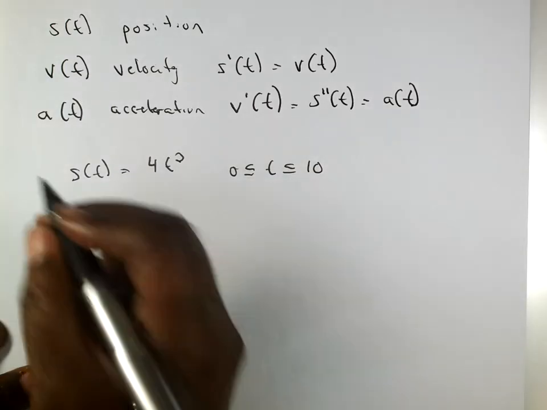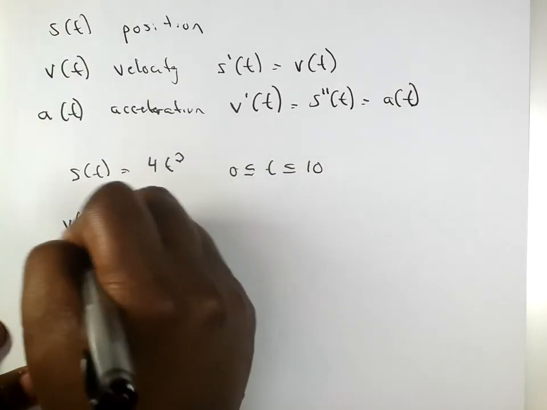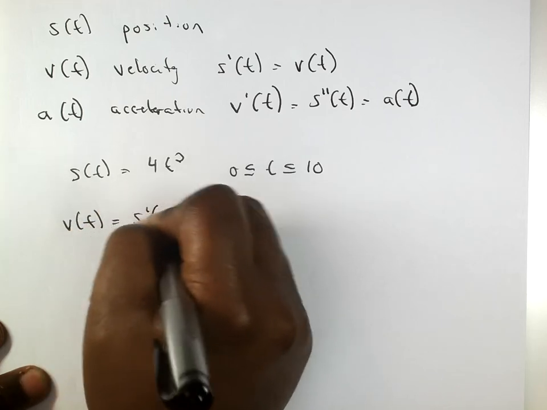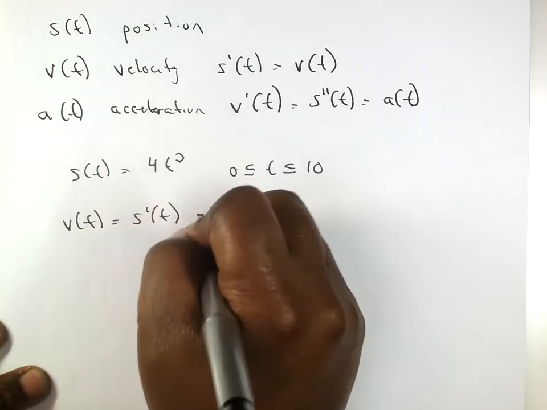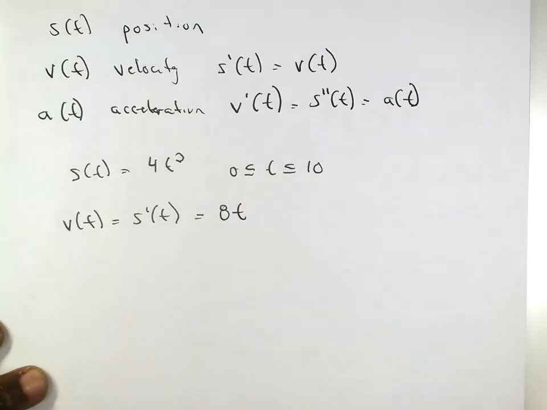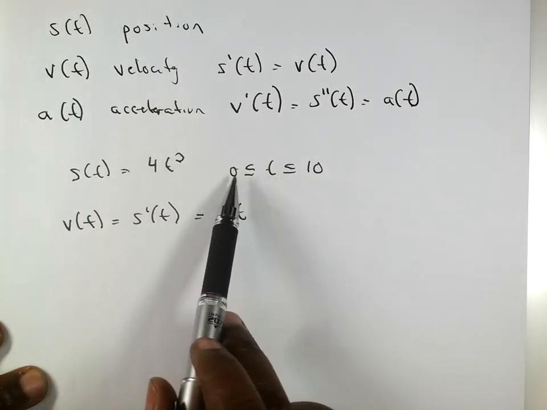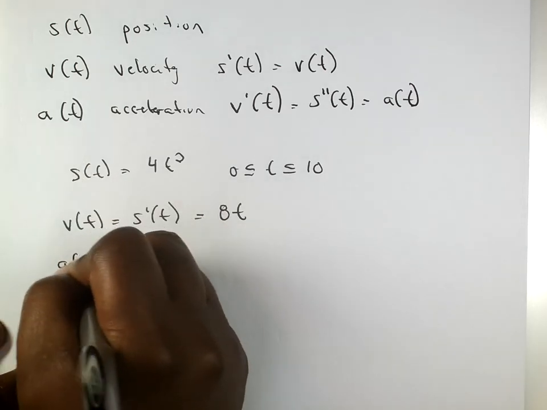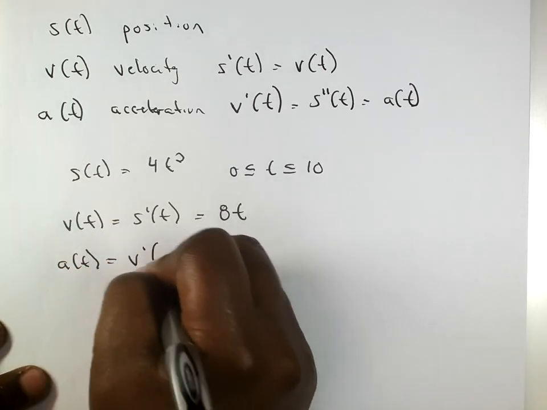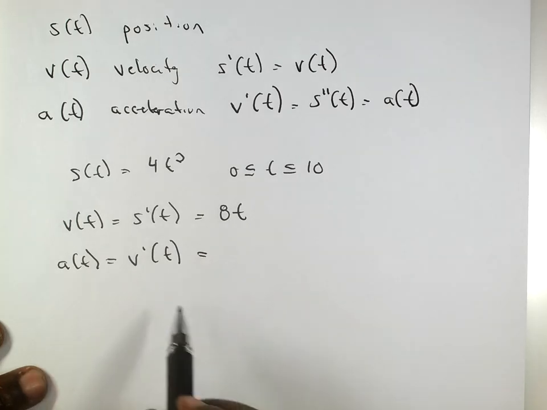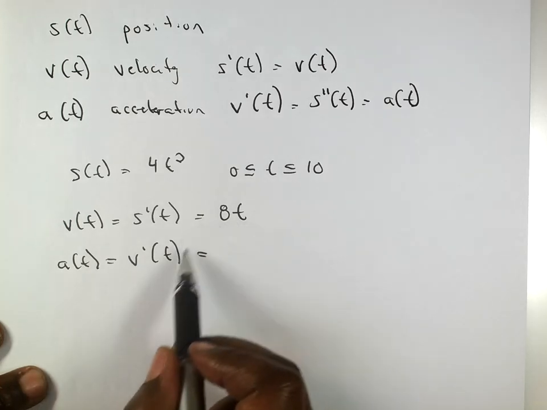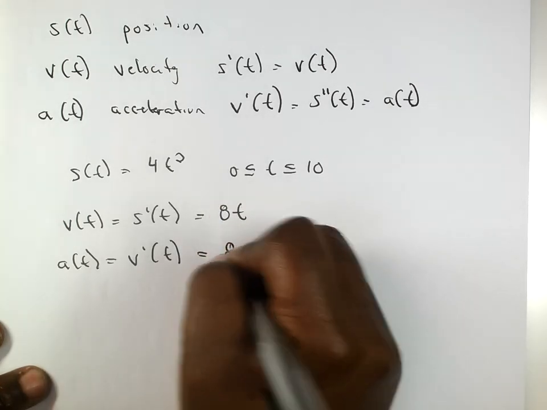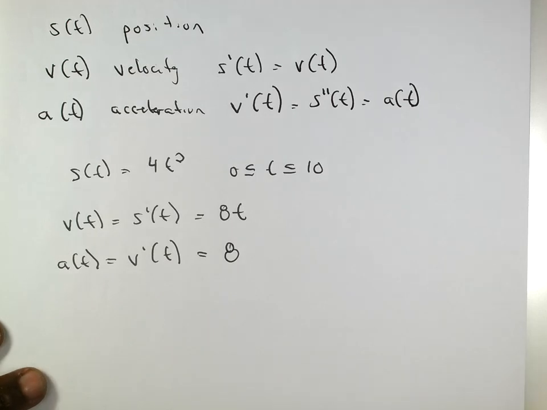If I want to know the velocity at any particular time, then I take that derivative and I get the velocity as 8t, and I can evaluate it for anything between 0 and 10 seconds. If I want to know the acceleration, then I take that velocity function, which we just found is 8t, and take its derivative, so 8. So the acceleration for this object at any time is equal to 8.